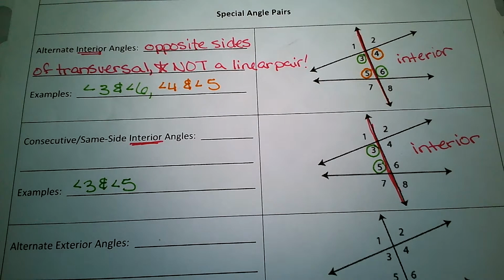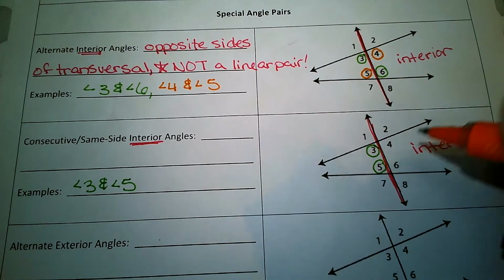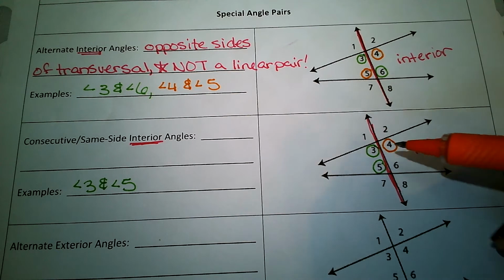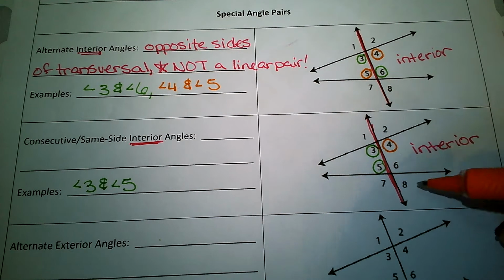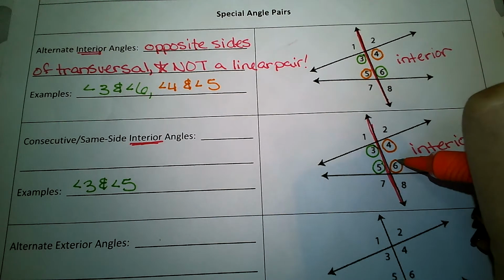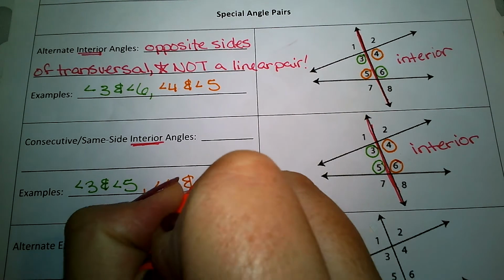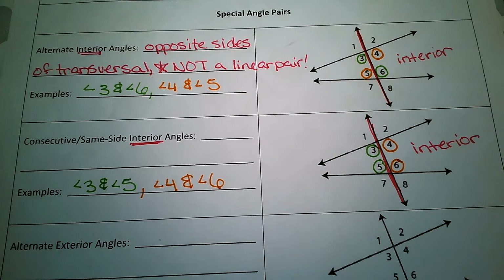How about the other side of the transversal? We've got angle 4 as an interior, and on the same side, on the right of the transversal, is also angle 6. So angle 4 and angle 6 are considered same side interior angles.